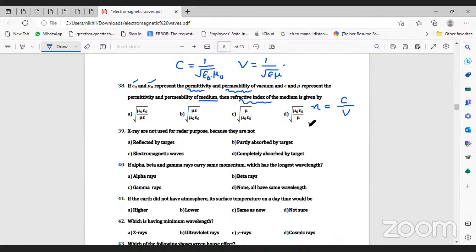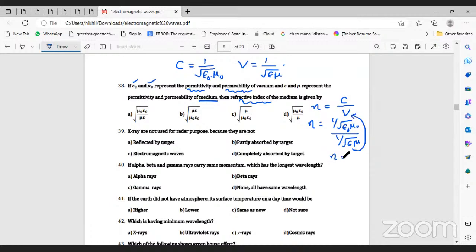So n is equal to C, which is 1 divided by root of epsilon naught mu naught, divided by V, which is 1 divided by root of epsilon mu. The denominator's denominator goes to the numerator.